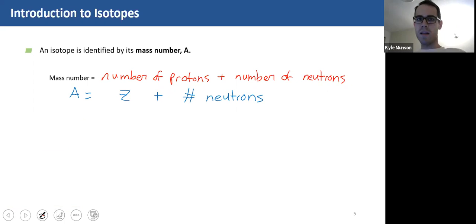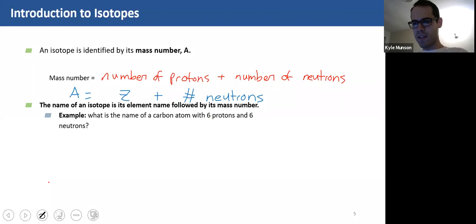Let's now talk about how we can name isotopes given this knowledge, because it plays into that. The name of any isotope is its element name followed by its mass number. So for example, what is the name of a carbon atom with 6 protons and 6 neutrons?